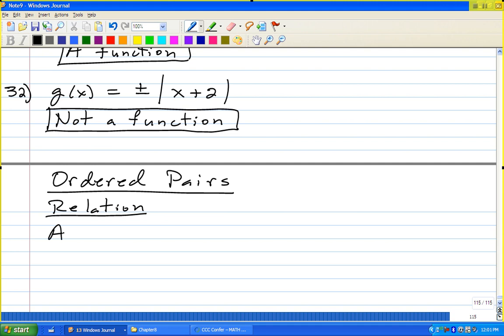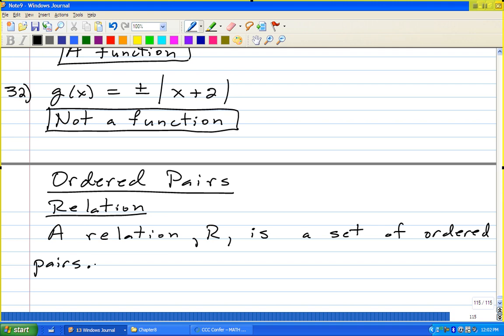A relation R is a set of ordered pairs. And so R is just some sort of set of ordered pairs involving x and y.